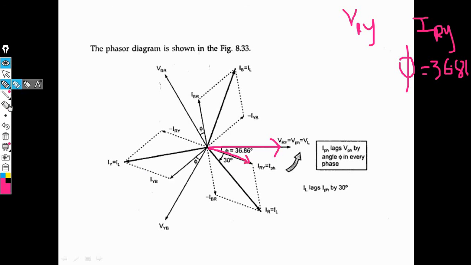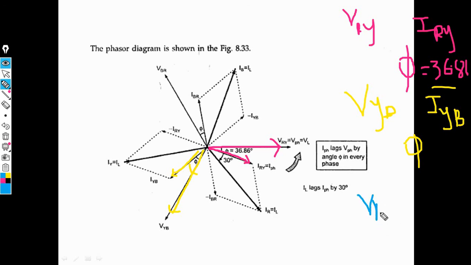Now we need VYB and IYB, and the angle phi is given here. That is, first we draw VYB, then current IY is here, and angle phi is 36.86. Again we need VBR and IBR.